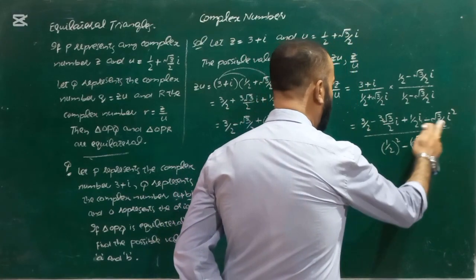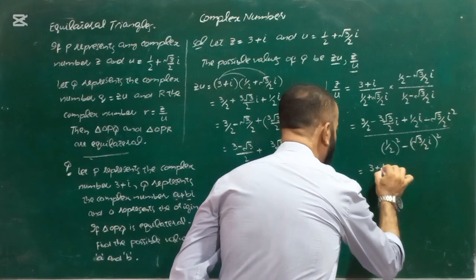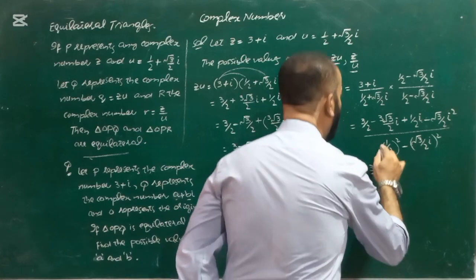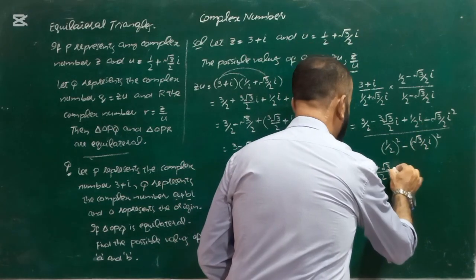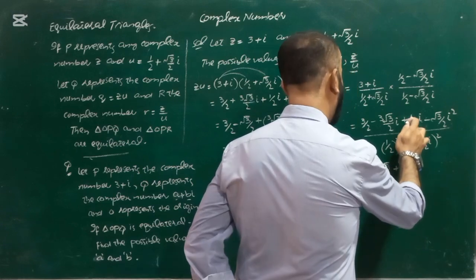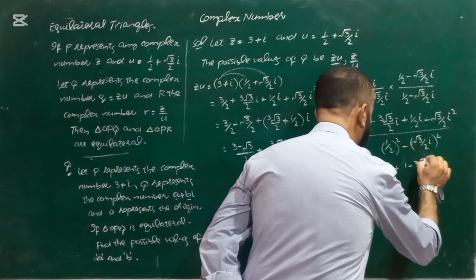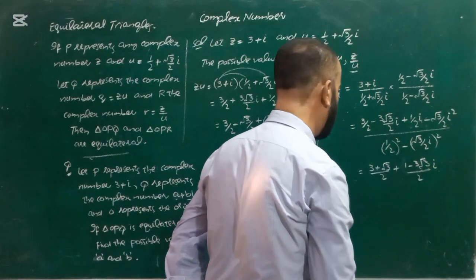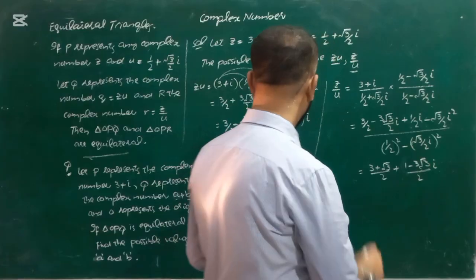So taking LCM at the same time, so 3 plus square root 3 over 2, and from here take iota common, so plus 1 minus 3 square root 3 over 2 iota. So this is the other possible value. So this is the answer.